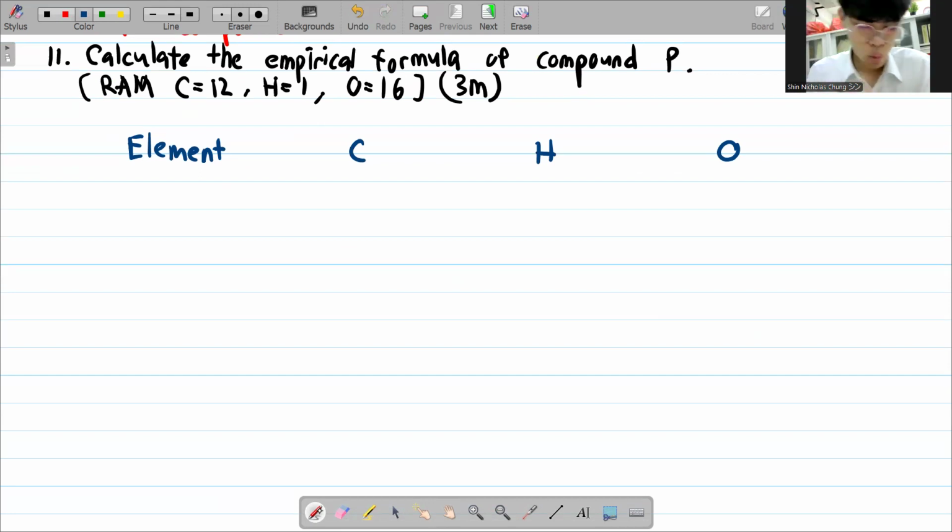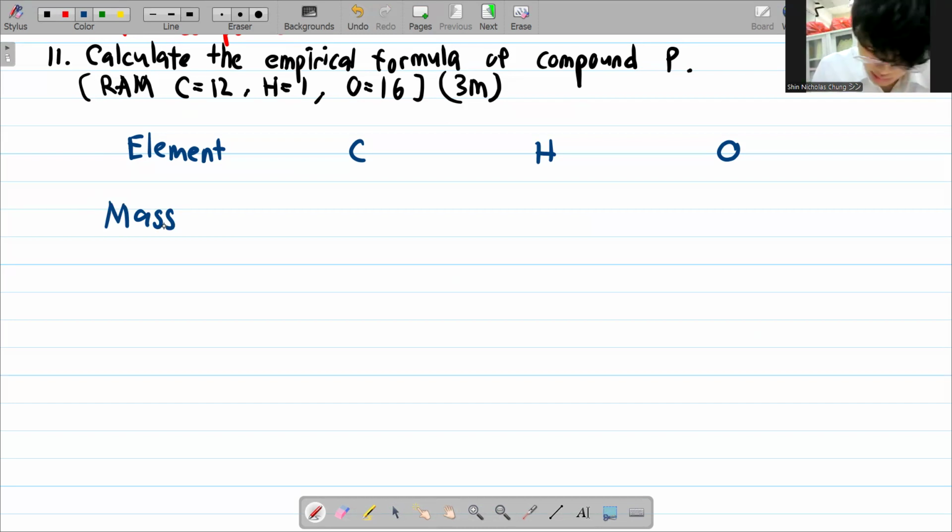After element is our percentage. You can either write percentage or you can write your mass, it is the same. For our previous question, we wrote percentage, but right now we write mass. After our mass, we will have number of mole. Then after our number of mole, we have our ratio, simplest ratio.